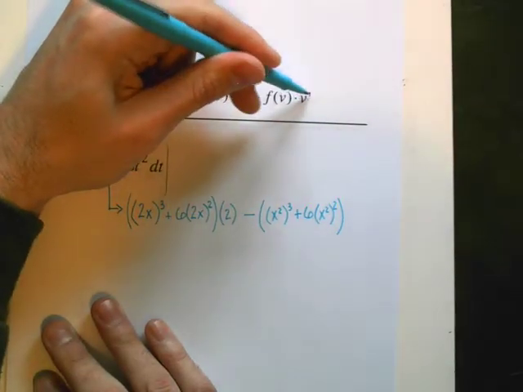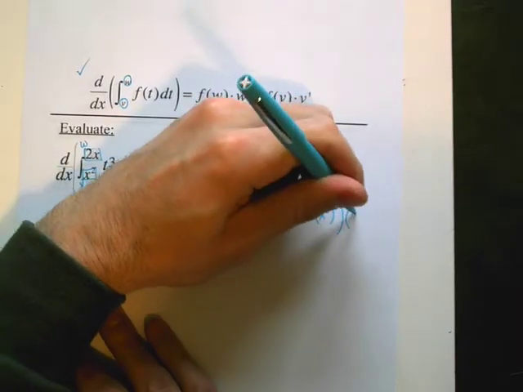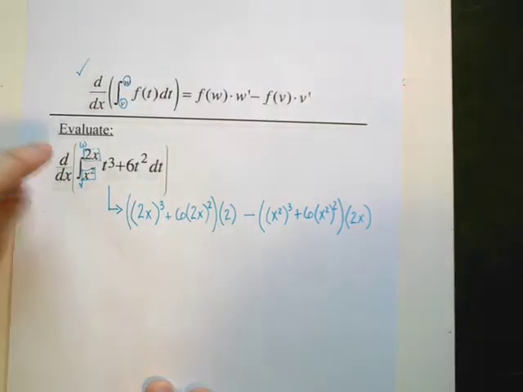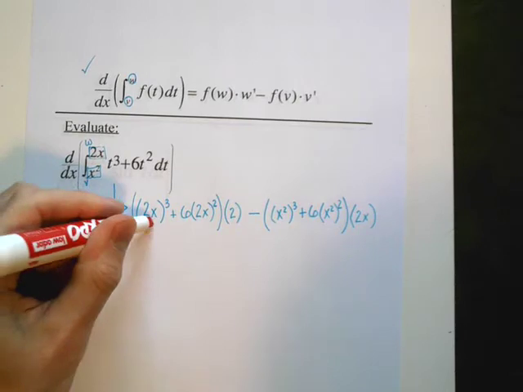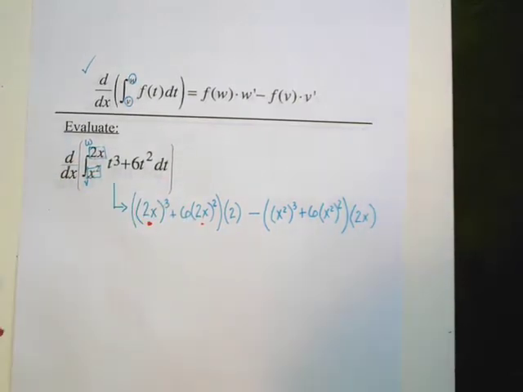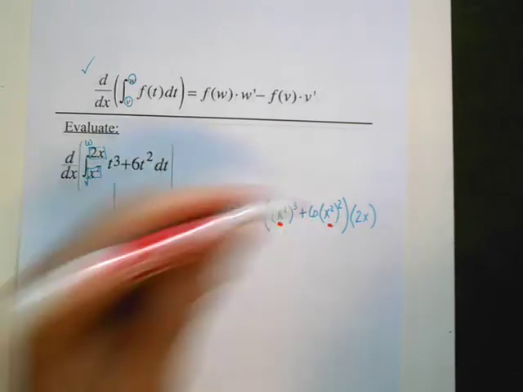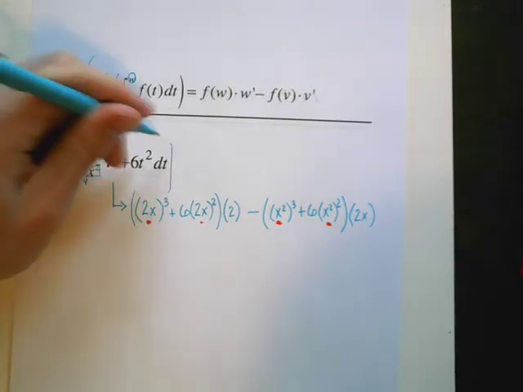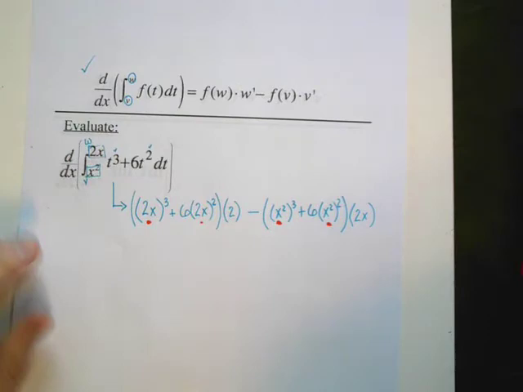The derivative of v, the derivative of x squared, is 2x. So just to recap, I took my 2x and plugged it in wherever I saw t, and I took my x squared and plugged it in wherever I saw t, and I kept the exponents in the original function the way they are, 3 and 2, 3 and 2.